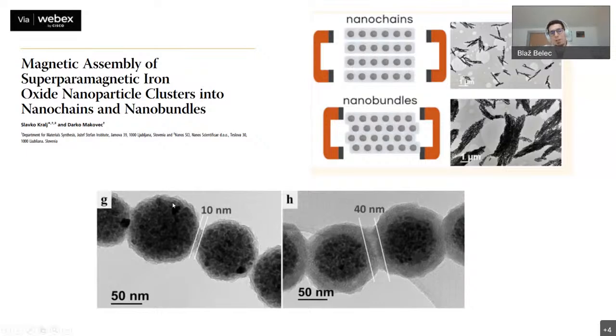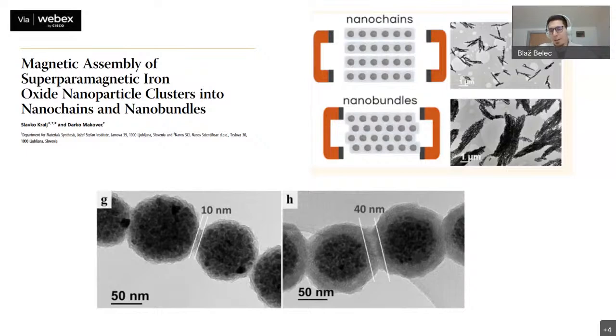Such clusters of superparamagnetic nanoparticles coated with a silica layer can be formed into nanochains under the applied magnetic field, and depending on the field strength, we get a different length of those nanochains.